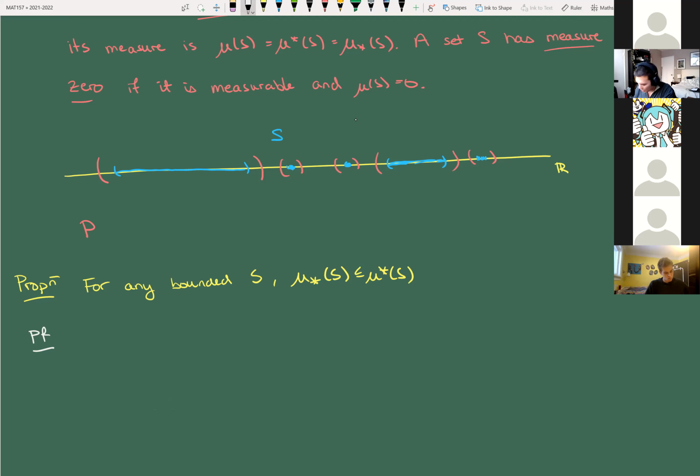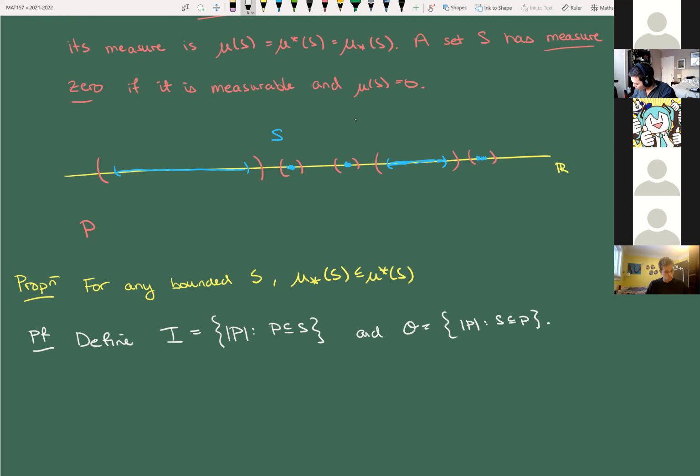Let's define I to be the inner polyrectangles, such that P is contained in S. And again, hopefully you know it's a polyrectangle, don't make me say it. And O to be the covering polyrectangles.